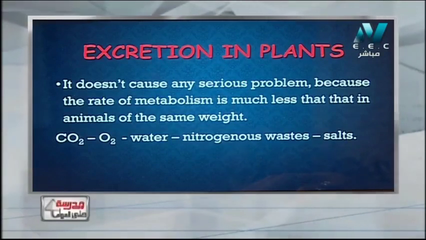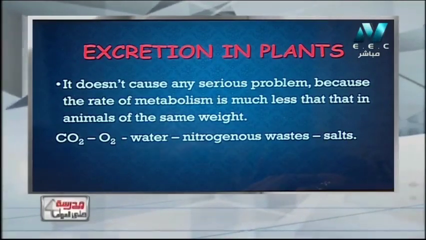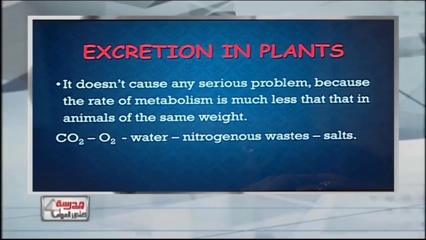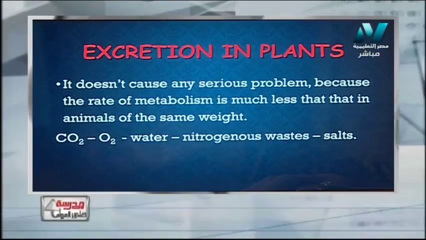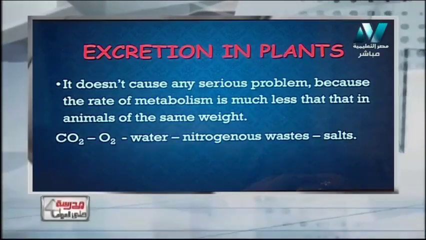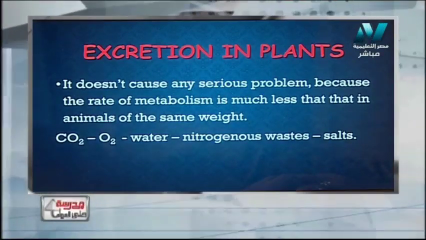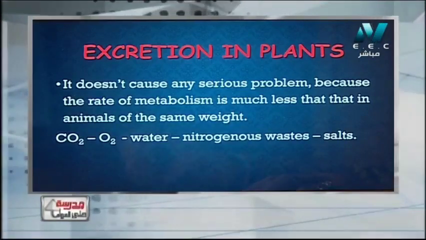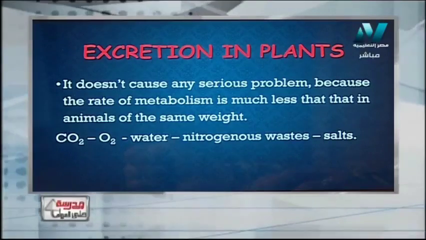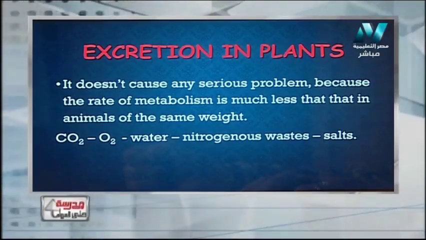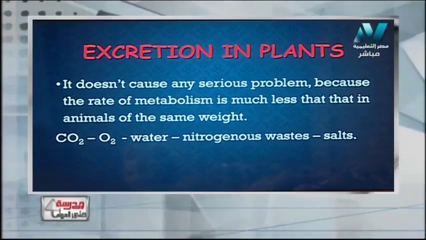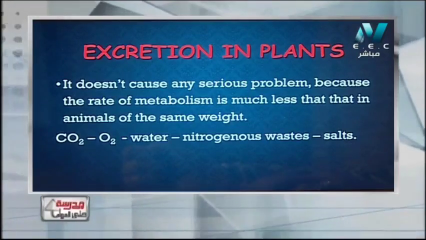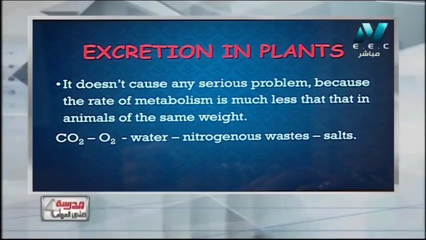So the accumulated waste materials in the plant are a very low amount compared with that of the animal of the same weight. Okay, what are these excretory materials that the plant produces? Let us remember respiration.